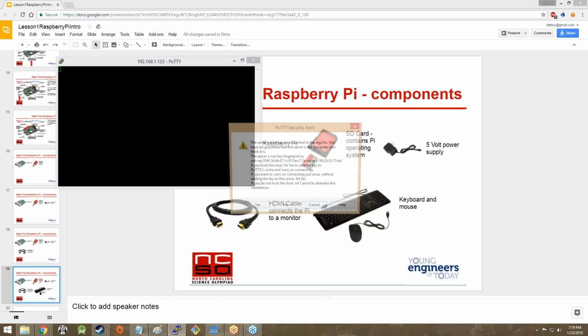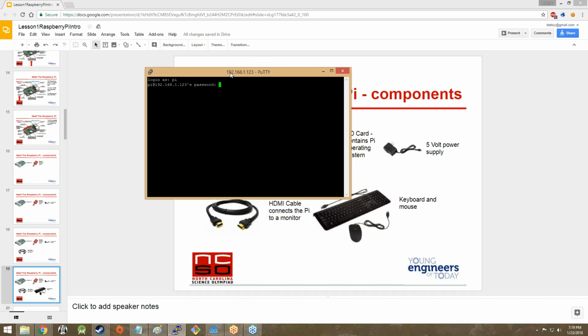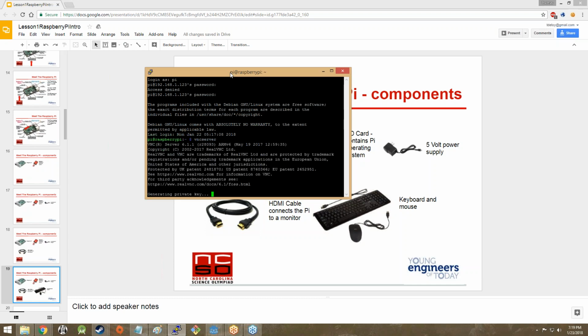on my home network, and whoops, if I enter in the password correctly, I am in my Raspberry Pi. And I believe it still has VNC server. Yes, it does.